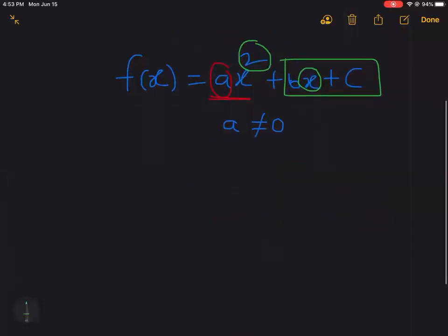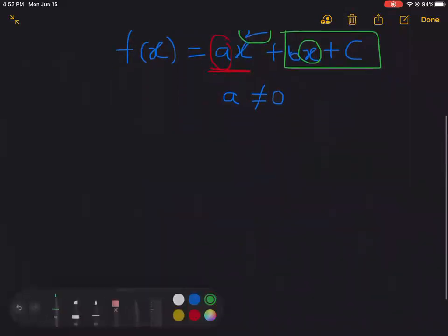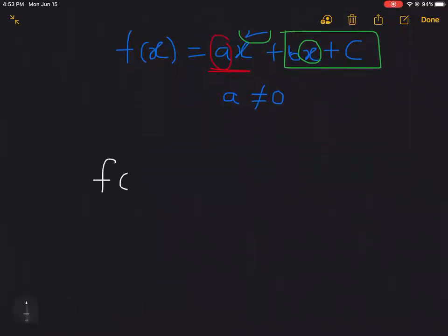Because this term has an exponent of 1 instead of 2. Okay, now we want to see different properties of this quadratic function. First of all, if you have a quadratic function of this format, let me write it this way. Let's say f of x equals ax squared. Okay, let's say these terms are 0.